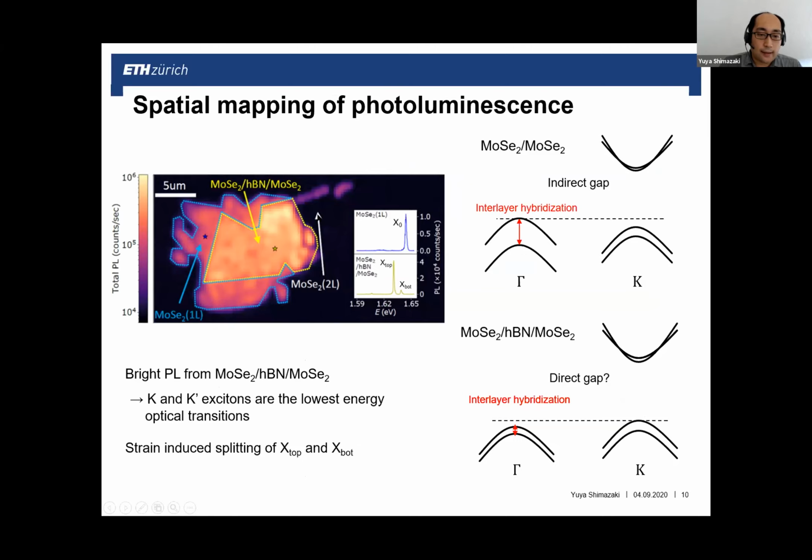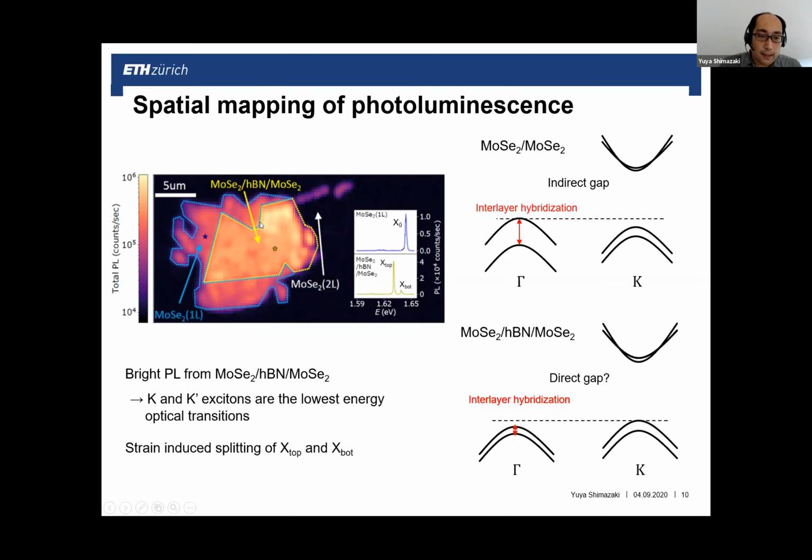And in this area, where we have directly contacting molybdenum diselenide bilayer, we don't see photoluminescence. It is well known that in bilayer molybdenum diselenide, there's a strong interlayer hybridization at the gamma point. And this system shows an indirect gap between the K point conduction band and the gamma point valence band. So the photoluminescence gets quenched due to this indirect gap.